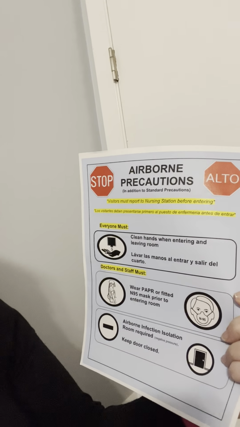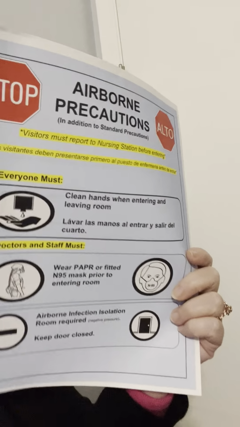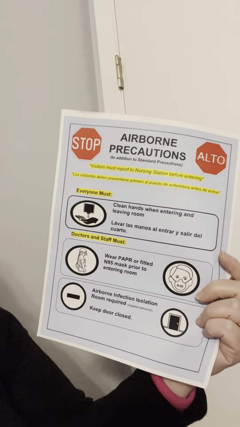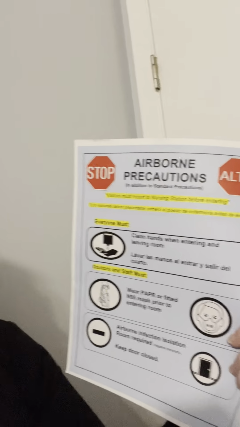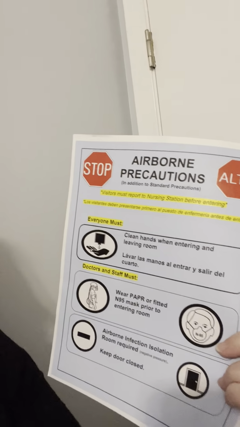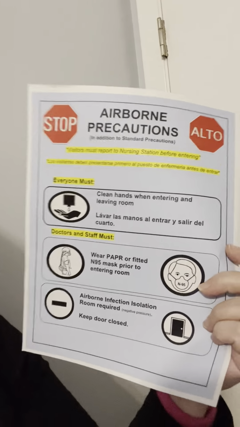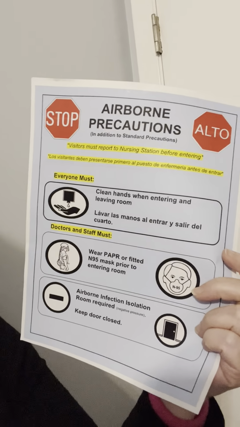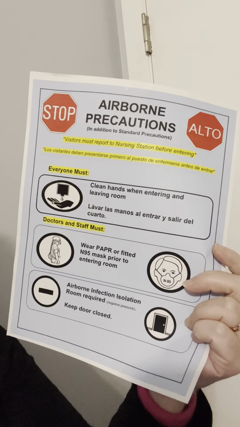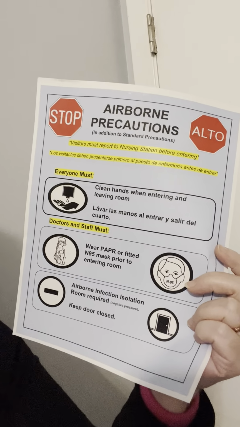And in addition to following the standard precautions with the blue sign, airborne precautions, you would need to clean your hands when entering and leaving the room. Doctors and staff need to wear the PAPR mask or the fitted N95 mask prior to entering the room. And airborne infection isolation room is required.